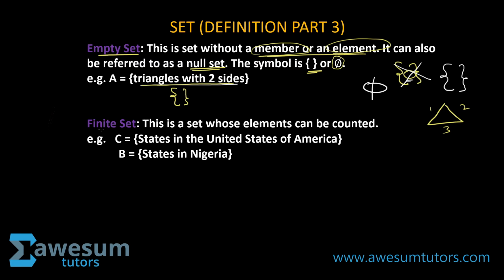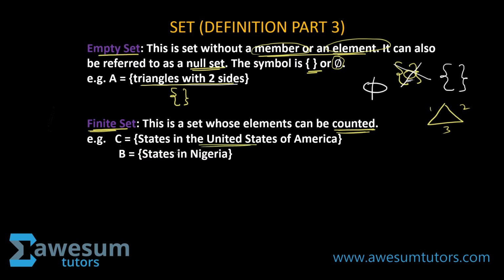Okay, now let us look at the next one, which is called a finite set. A finite set is a set whose elements can be counted. Take for example, you have a set C, which is the set of states in the United States of America.